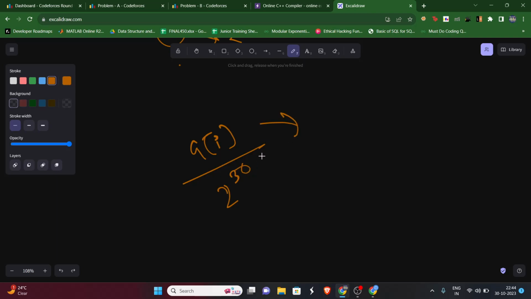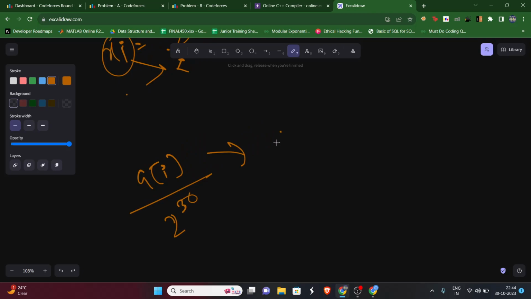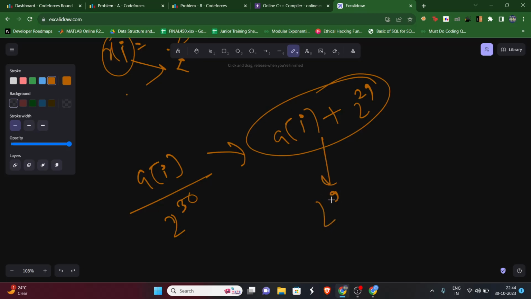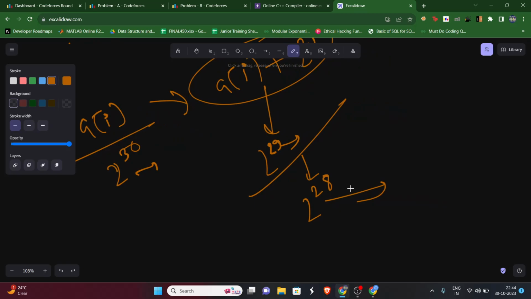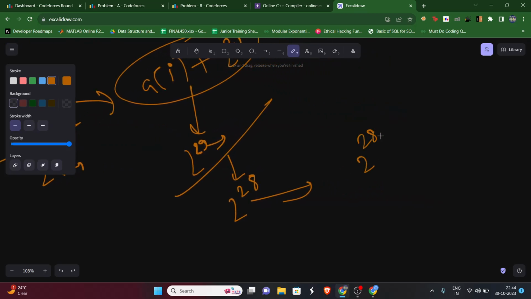Then the result will be nothing but a of i plus 2 to the power 29, and this will only be divisible by 2 to the power 29 or lesser values. But if it is divided by 2 to the power 28 once, then it's not going to be divided by 2 to the power 28 again.